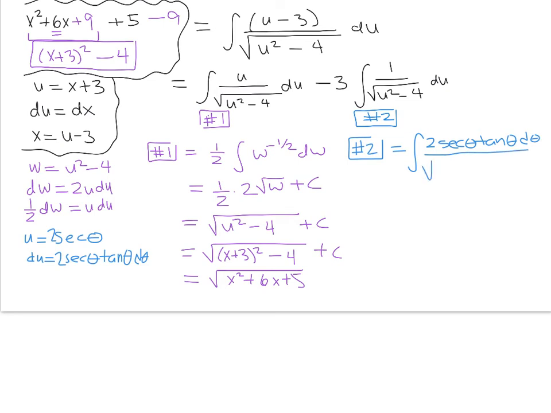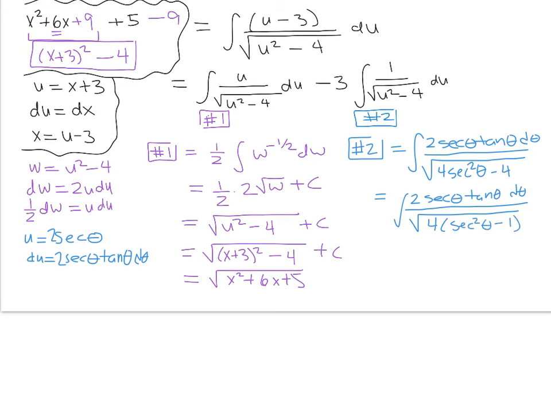over the root of 4 secant squared theta minus 4. So that becomes the integral of 2 secant theta tan theta d theta all over the root of 4 times secant squared theta minus 1.